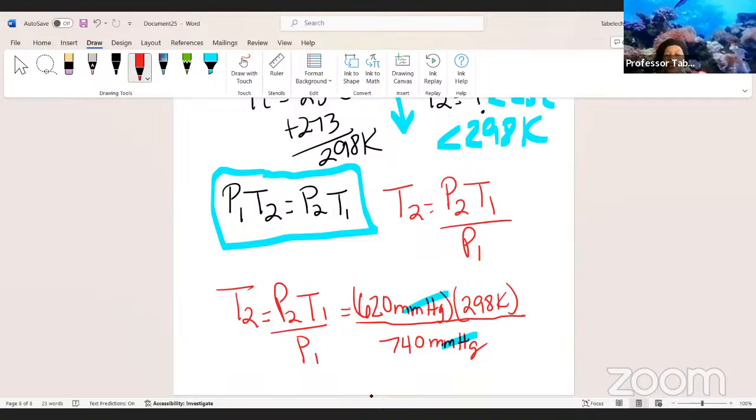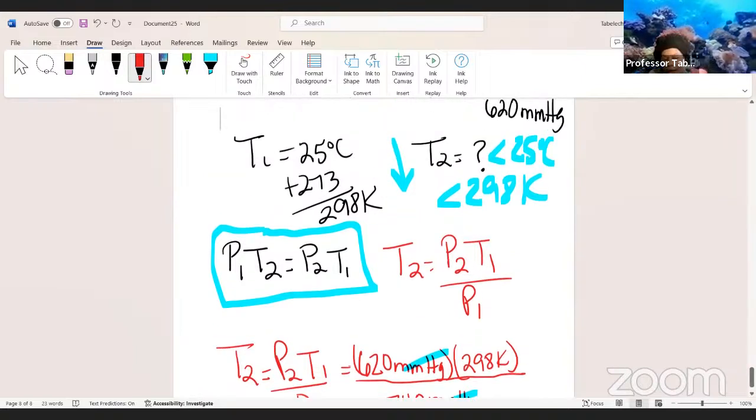T2 is equal to 250, because again, we only need 3 significant digits. Now, we've got to put the answer in degrees Celsius. So all we're going to do is subtract 273 from that number.